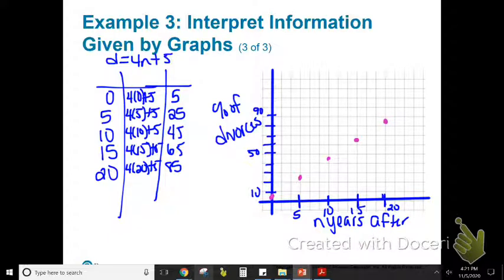Then connect your points. And put your arrow on there. All right, and that's the end of 1.1.